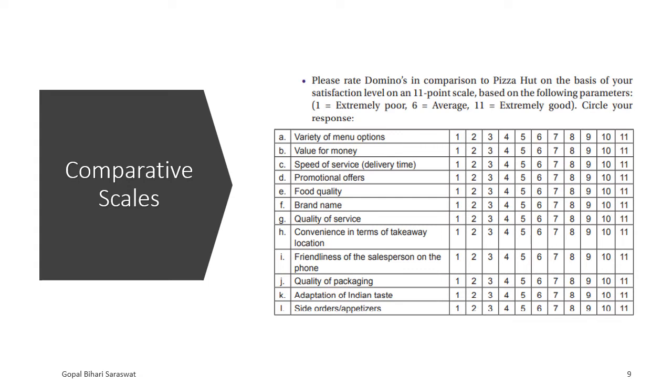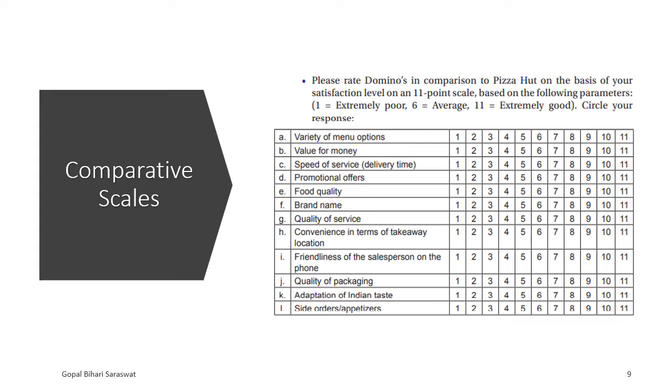The first question was variety of menu options, for both Pizza Hut and Domino's. You can see here each question from A to L having these 11 options, 1 to 11. Each respondent has to tick one option for one question, for example, variety of menu options. If I am fully satisfied, I will tick 11.